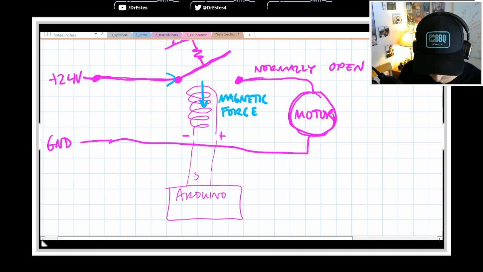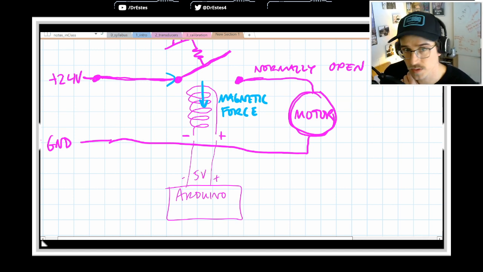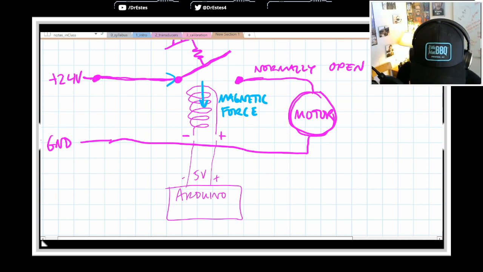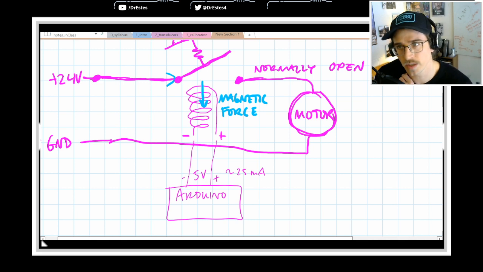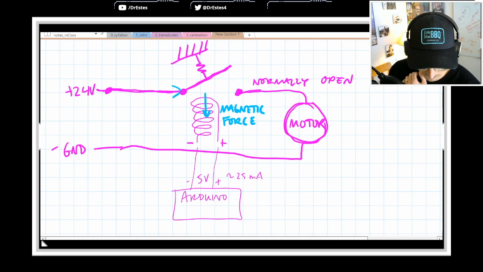An Arduino can output 5 volts, and very little current as well. Like maybe 25 milliamps depending, but let's say something like that. Just very low power. So the Arduino turns on this magnet.